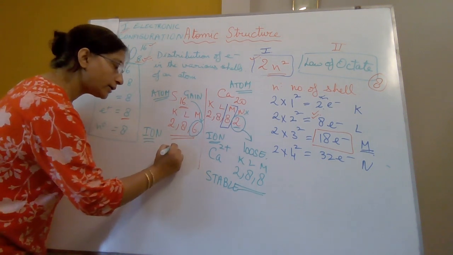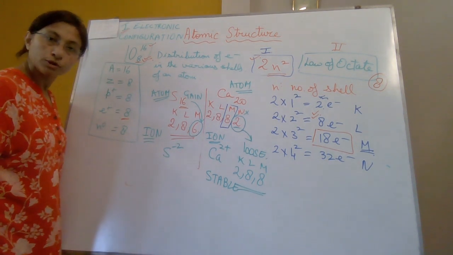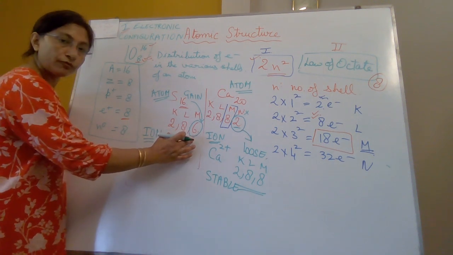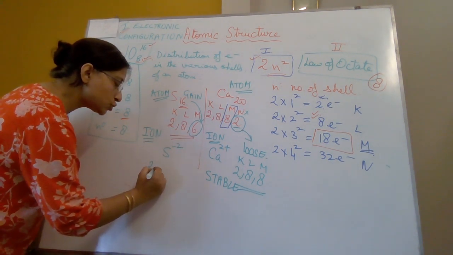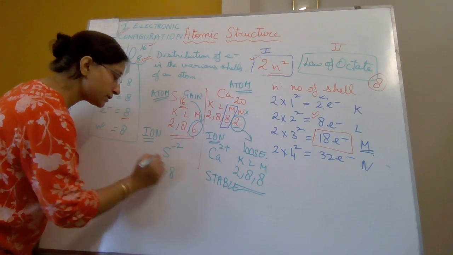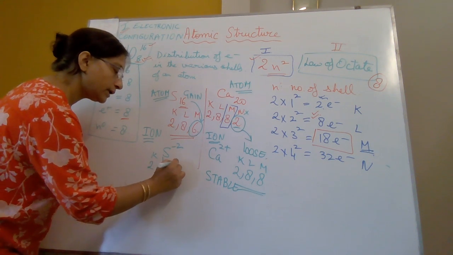And will acquire a -2 charge. And what will be the configuration here? It will become 2, 8, 8, K, L, M.